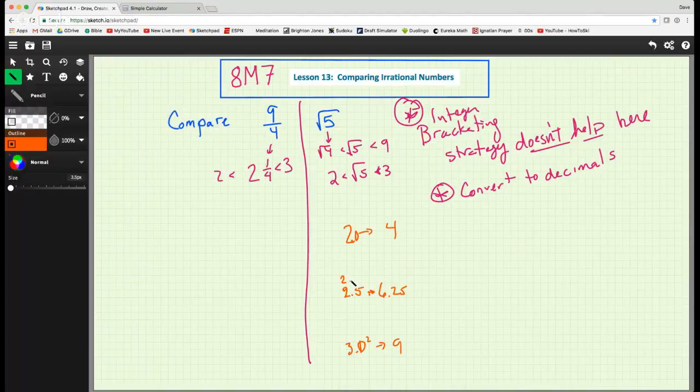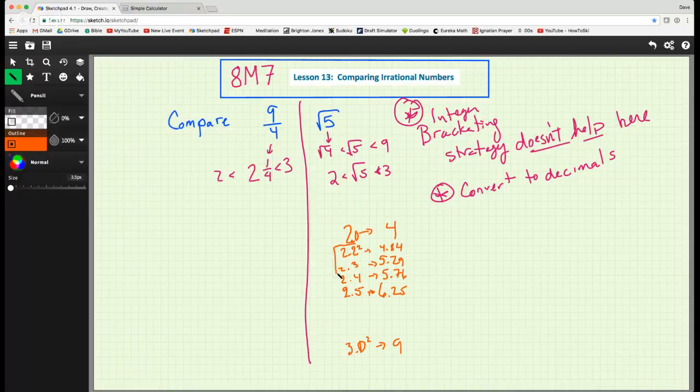So let's try 2.4. Well, 2.4 squared is 5.76. Still more. So let's try 2.3. Well, 2.3 squared is 5.29. And 2.2 squared is 4.84.